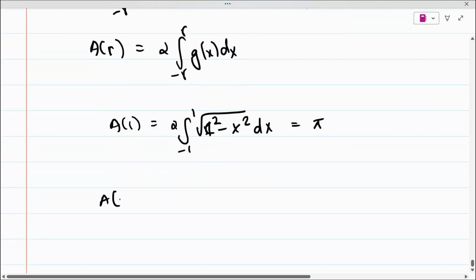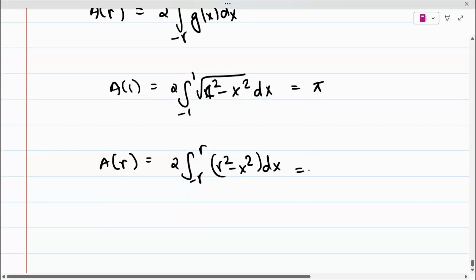Now we have the integral from minus r to r. Or, an easier way to do it, just keep the g of x.